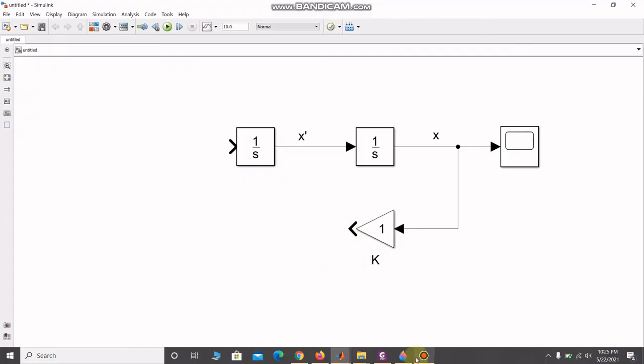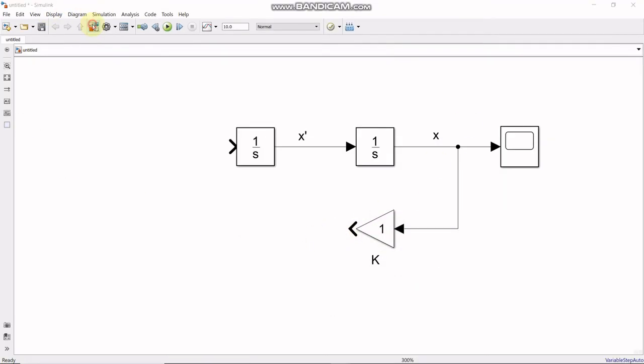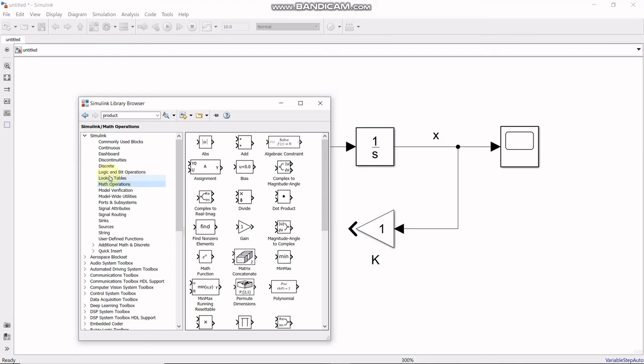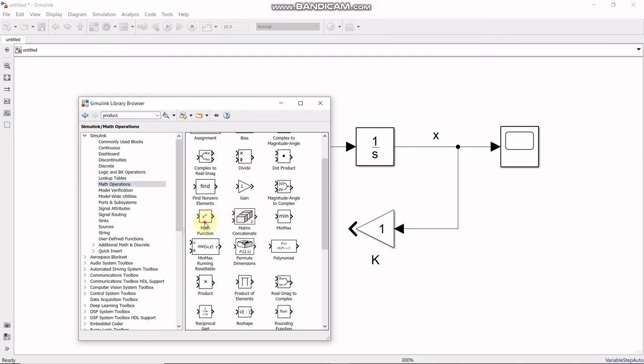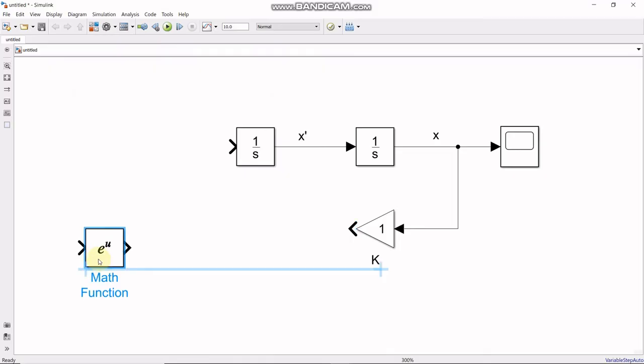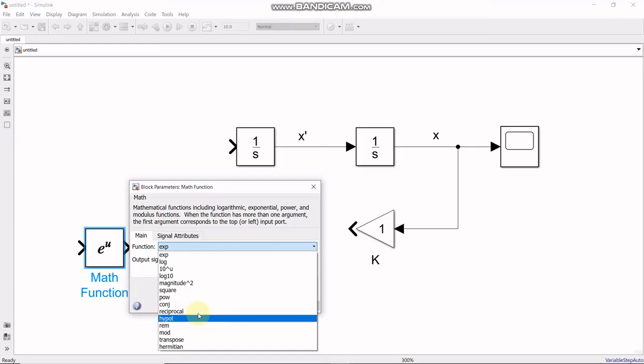So after then, you have 1 over m, minus 1 over m. So in this case, you want to use a math function. So I'll need a math function that can do a reciprocal. So if you go to your math operations, you have your math function block. So this is our math function block. I need to change this from exponential to a reciprocal.